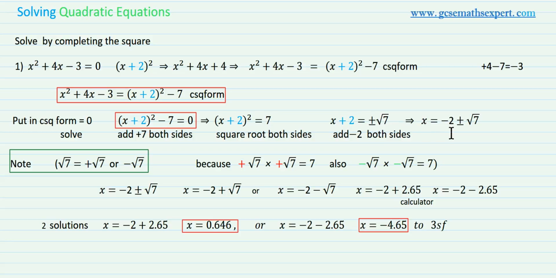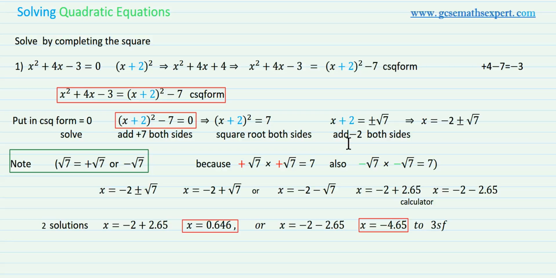So then what we do here, we add minus 2 to the left and right. Adding minus 2 will give me x is equal to, the minus 2 and the plus 2 will cancel out, then we'll have x is equal to minus 2 plus or minus the square root of 7.